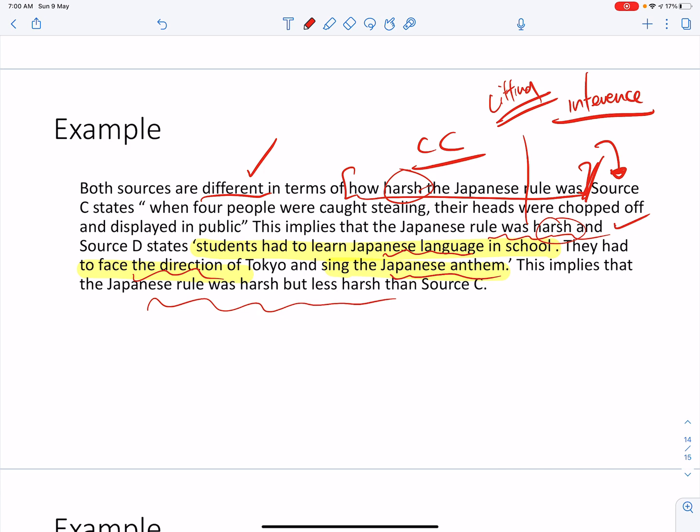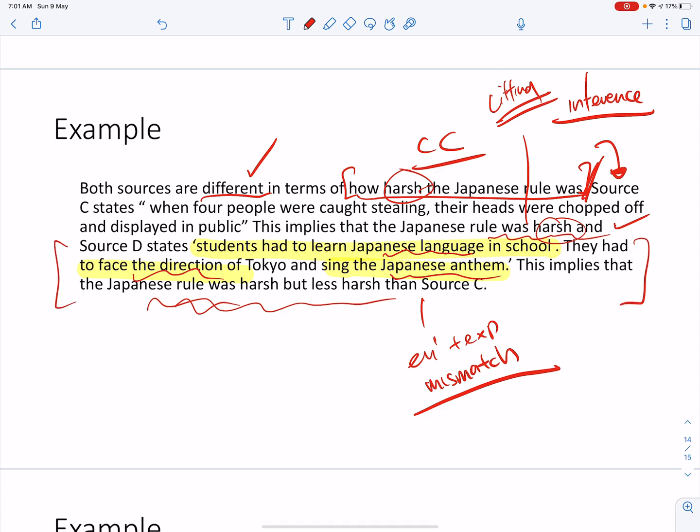Alright, so this is called my evidence plus explanation mismatch. So be very careful. The difference on the similarity will be very obvious. Alright, if you have to go and make a very vague mismatch like this by saying that because you learn Japanese, hence you're less harsh, okay, the link is not quite strong, and therefore because the link in D is not quite strong, this criteria here will not be valid.